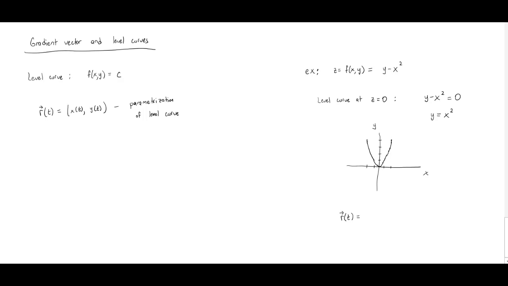If you remember, one strategy for coming up with a parameterization was to just make one of your variables equal to t. So if I let x equal t, since y is x squared, y would be t squared. So that's one parameterization for our level curve. Makes sense?